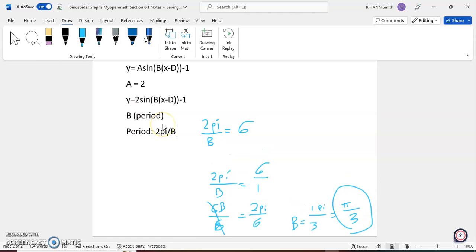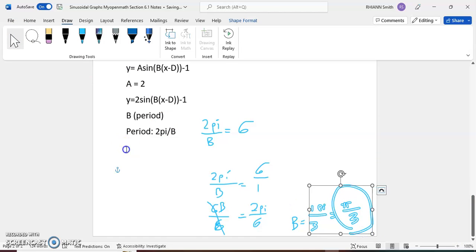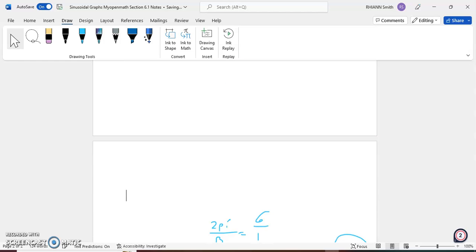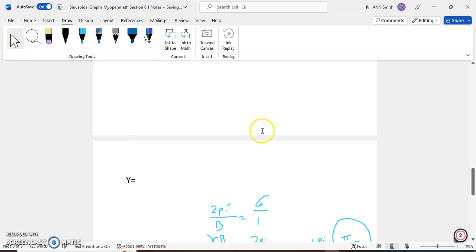So I'm actually going to type this out now. Let me see if I can go to the next page. So our formula should look something like this now.